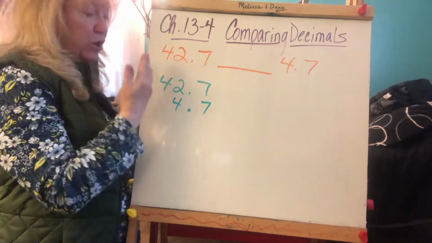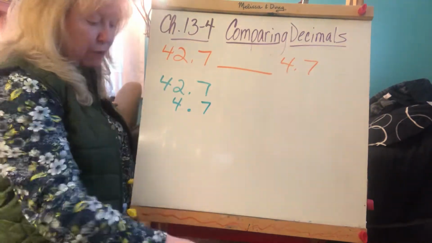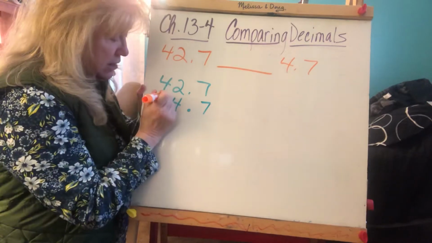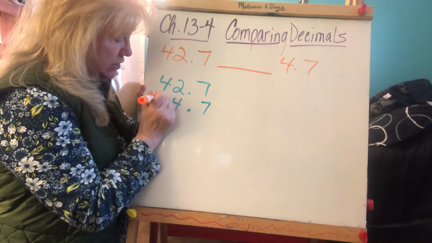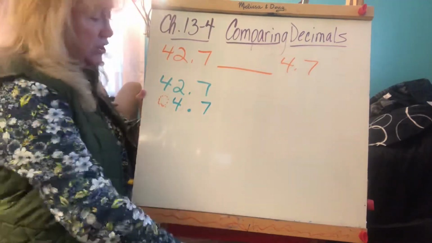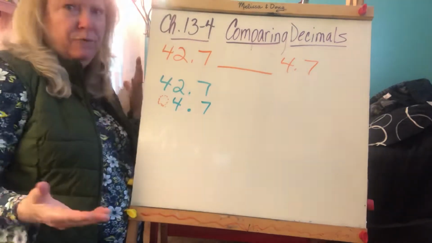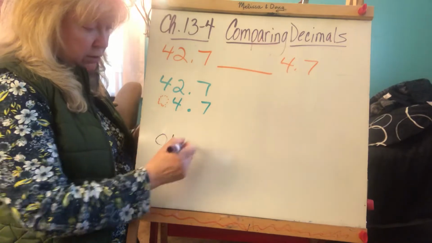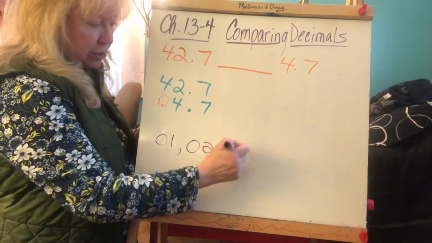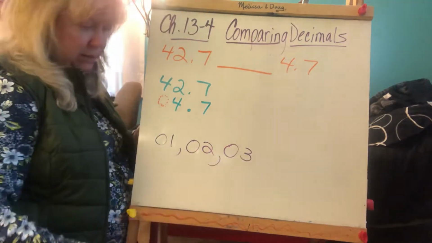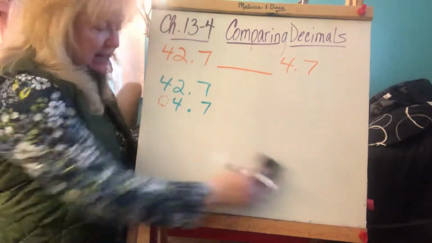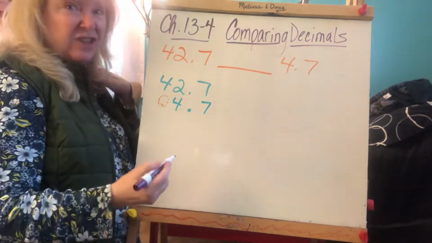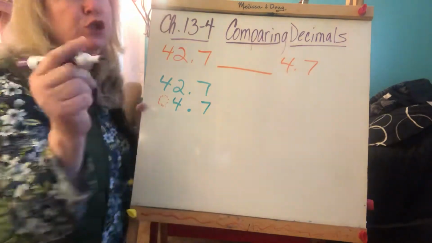Step 2 says starting in the left. So now remember, here is one of those imaginary zeros. Because when we write 4, we don't write 0, 4 when we're counting, right? We don't do 0, 1, 2, 3. But we understand that there's an imaginary 0. Just like when we used to do subtraction problems.